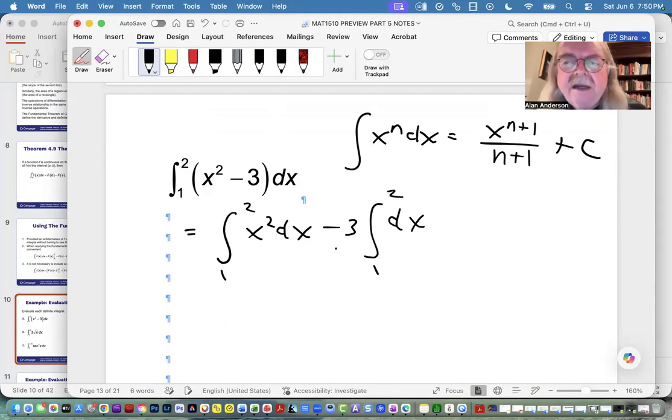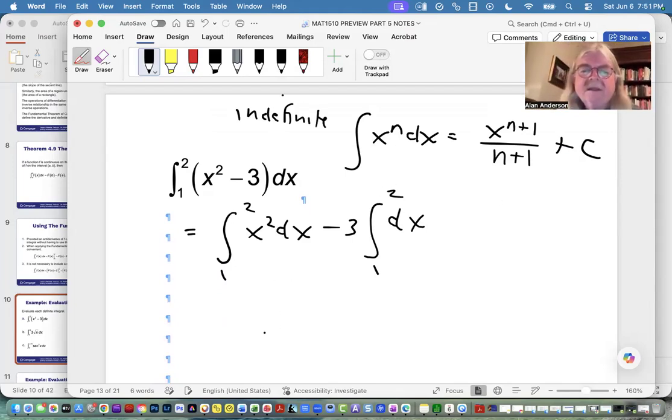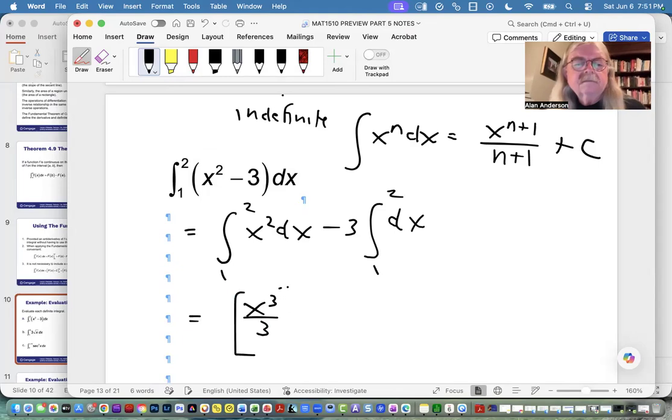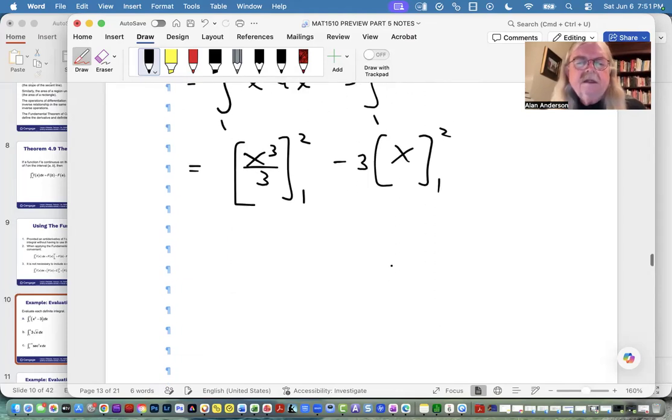If it's, I'm sorry, an indefinite integral. If it's a definite integral, then we can evaluate it ourselves as we're seeing here. So we're going to have, okay.